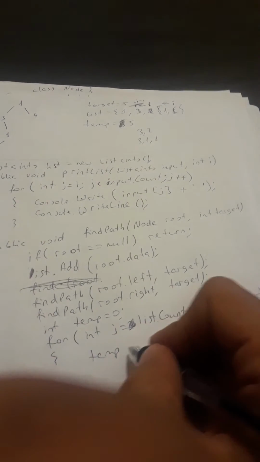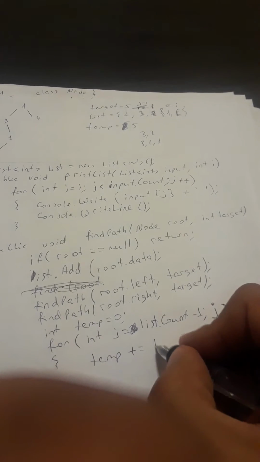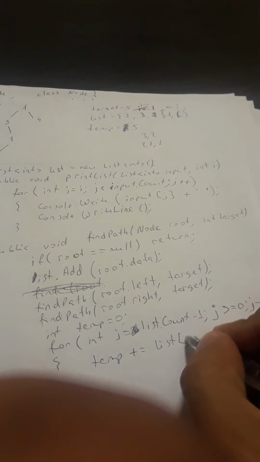Then I will add values to my temporary variable from the list.